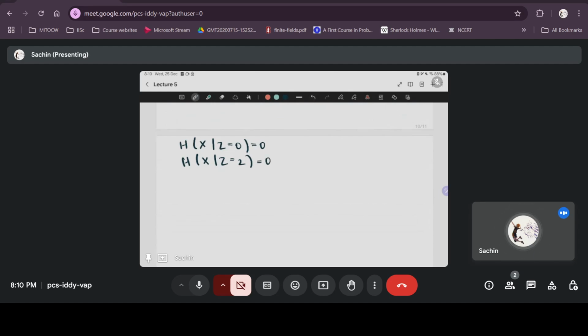So that's also 0. But H of x given z equals 1. So if z equals 1, then either x is equal to 1, y is equal to 0, or x is equal to 0, y is equal to 1. So x can be 0 or 1 with equal probability.